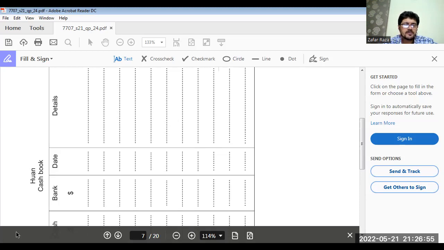So I'm starting my own Word document and I'll make it on Word and I'll share it to you. You don't need to worry about your cash book in exams because they always provide you, they will make all the formats by themselves. You have to just fill. Getting my point here.